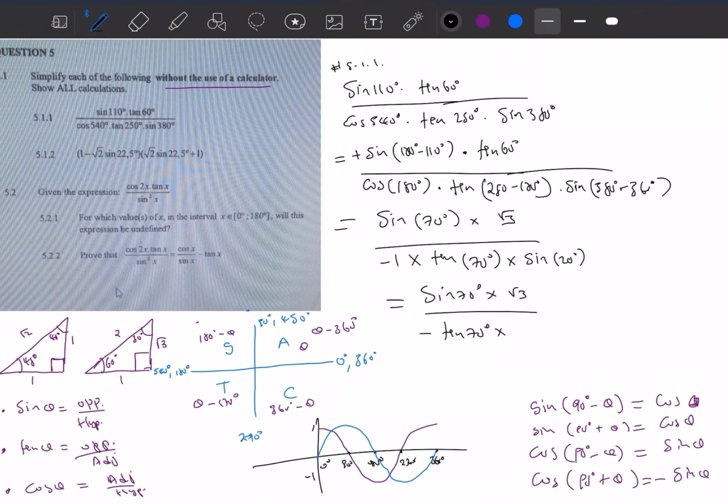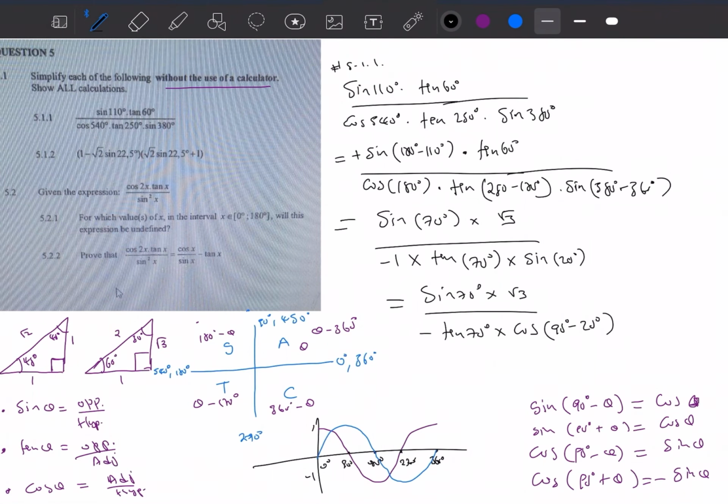You can change sine to cos. So sine 20 degrees, do you agree? If we change it to cos, it's going to be cos of 90 minus 20 degrees.